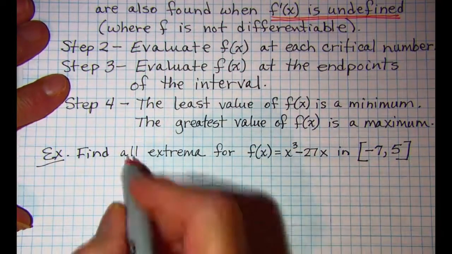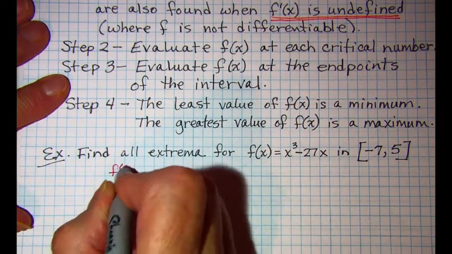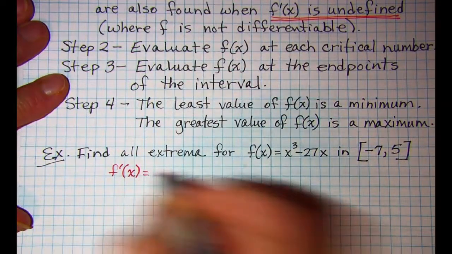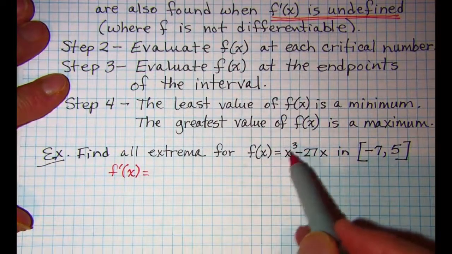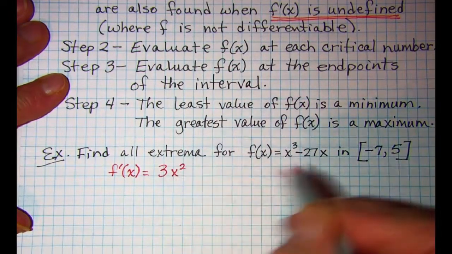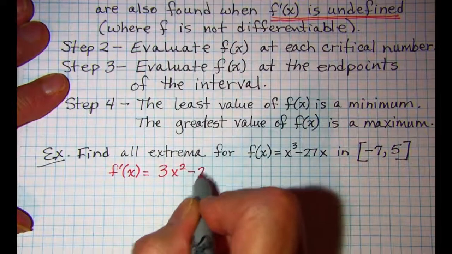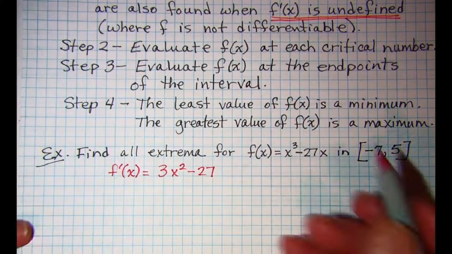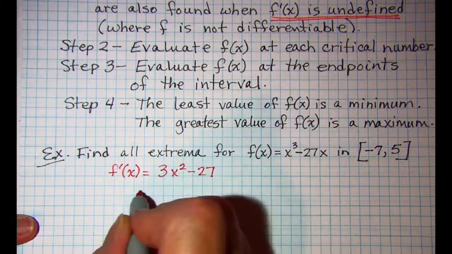So our first step is to find the derivative. That will be, using the power rule, 3x squared minus 27. Then we're going to set the derivative equal to 0.